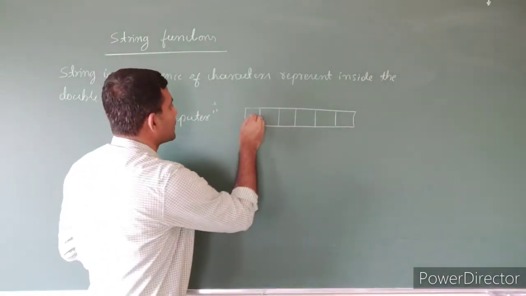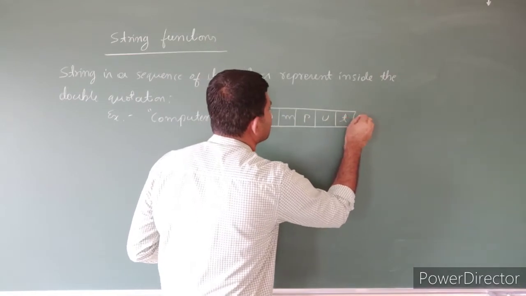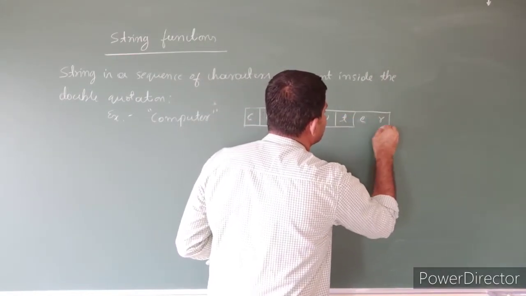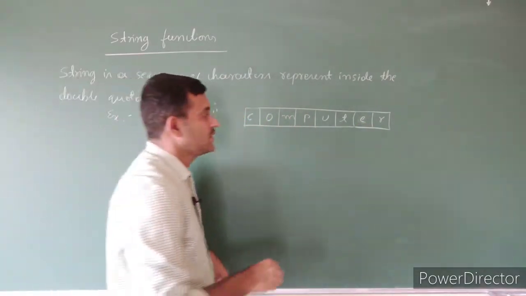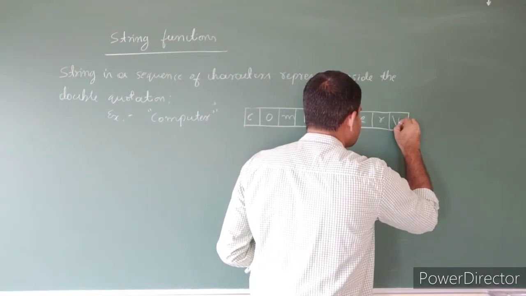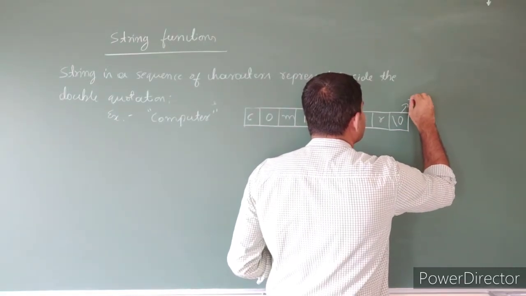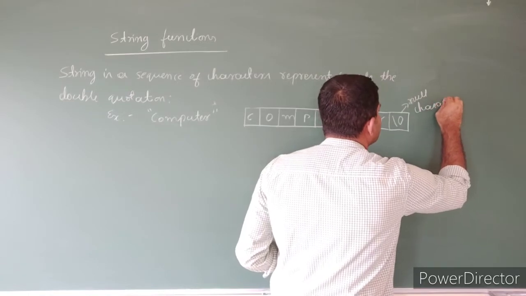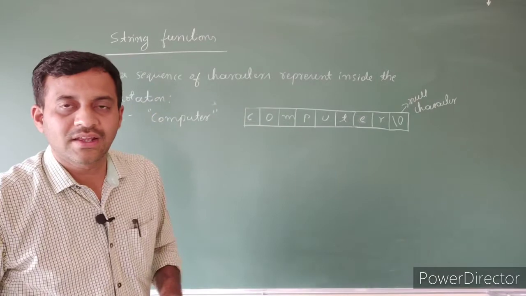If it is computer, see here, these are the memory allocations. Then in a string, the last character is always a null character, \0. This is called the null character. Every string must end with a null character.